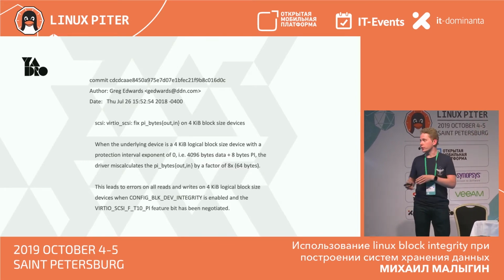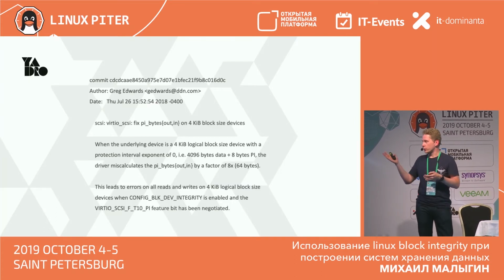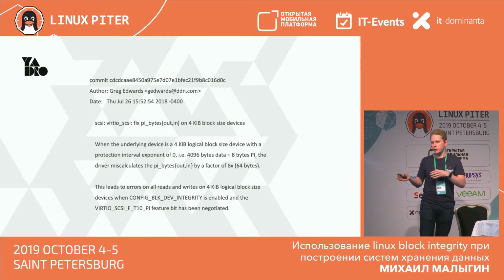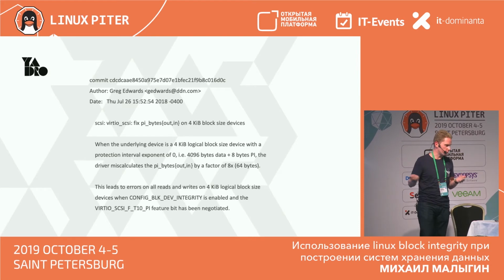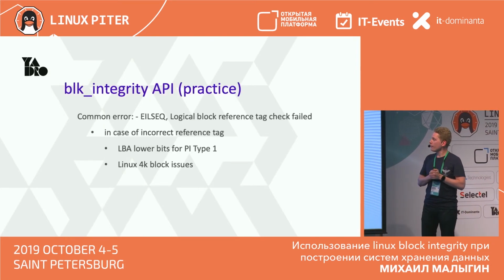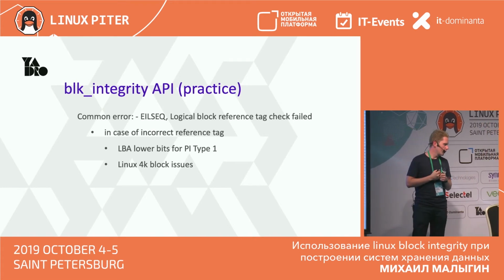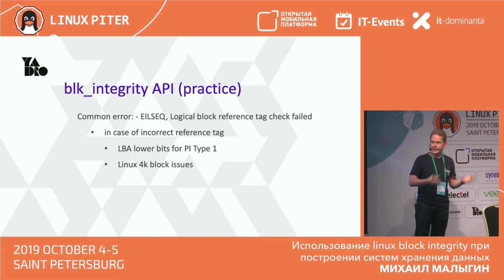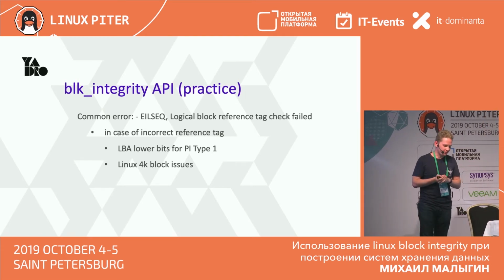Instead of checking how much metadata we should have for this block device, 8 bytes per 4 kilobytes, they thought that for each sector there will be 8 bytes, and in Linux the sector is 512. We have patched it, we have built it, everything operates. We start testing our wonderful application, and immediately nothing works.